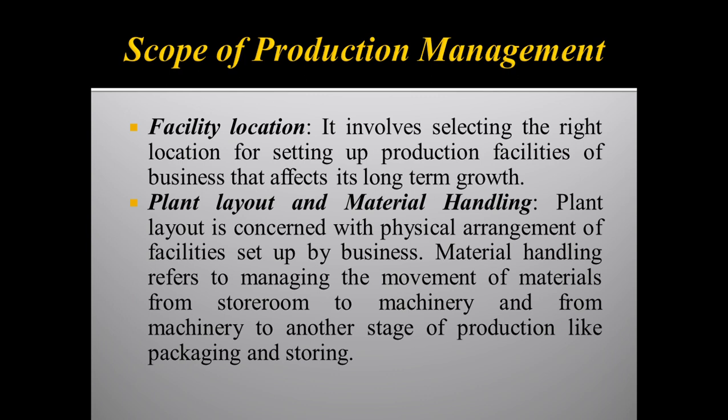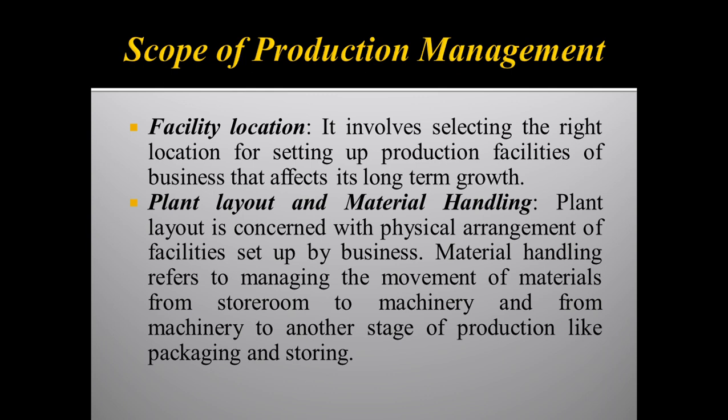After learning about what production department or production management is, we have to understand the scope of production department. If you're talking about scope of production department, that means what is the role of production department in different spheres of the economy. First is facility location. How do you define facility?